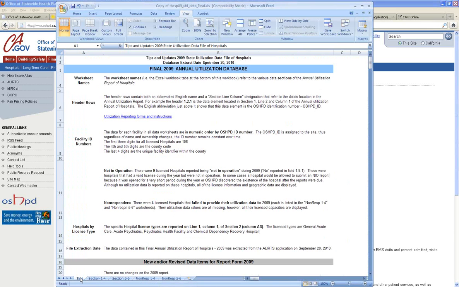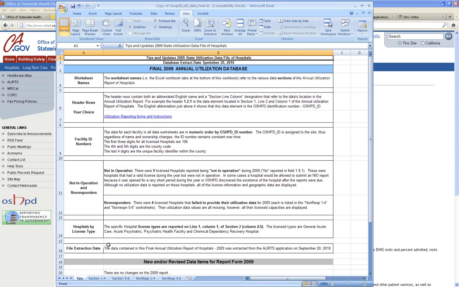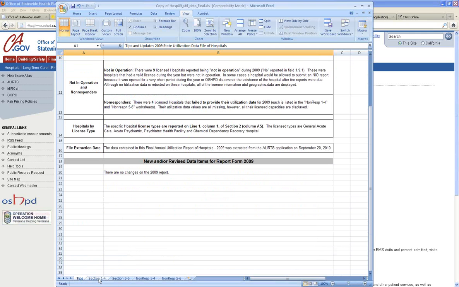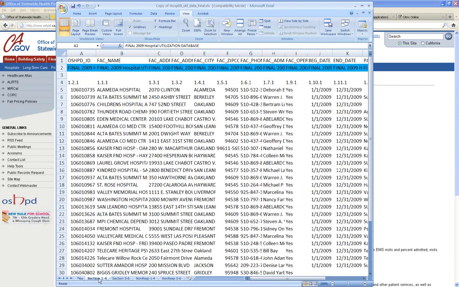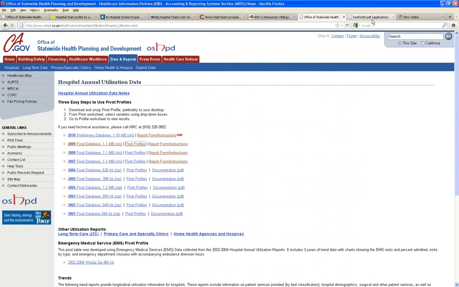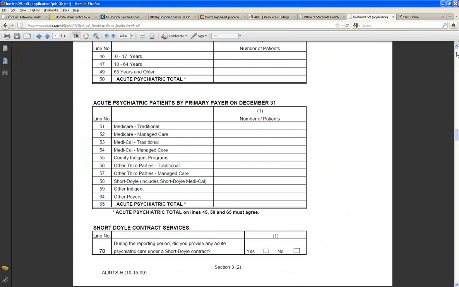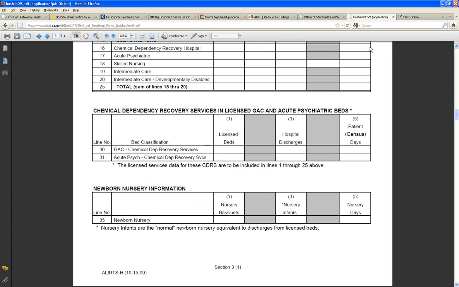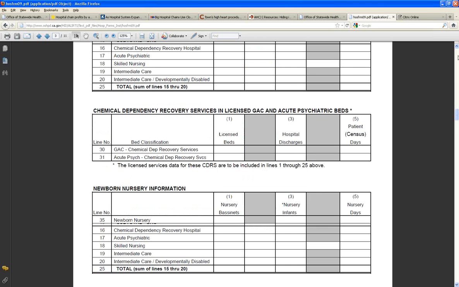And you'll see here that on the very first screen, when you open the spreadsheet, there are tips on how to deal with the spreadsheet. And then there are tabs at the bottom for sections 1 to 4 and sections 5 to 6. And if you hadn't looked at that report, you wouldn't know what this is talking about. But going back to the report, you can see that there are sections on this report and that their corresponding field headings relate to those sections.